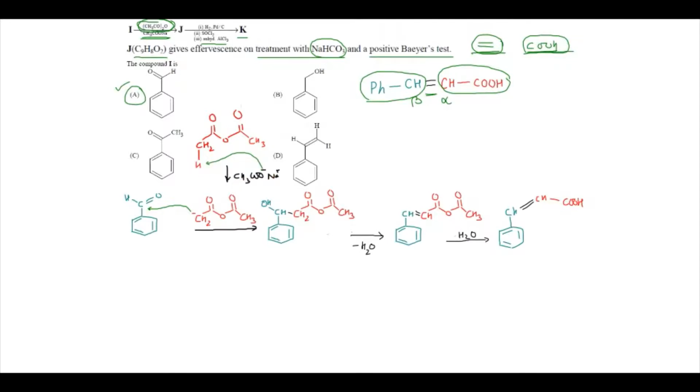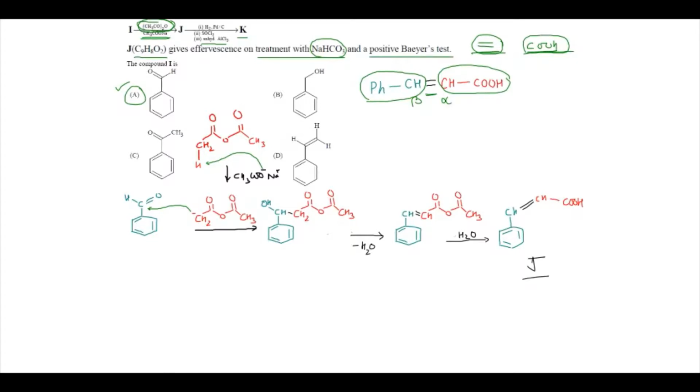Now, we have the CH2 minus, which is attacking the carboxaldehyde, the benzaldehyde, forming an OH group here, which eventually undergoes dehydration to form a double bond, and then hydrolysis to form a carboxylic acid, the alpha beta unsaturated carboxylic acid.